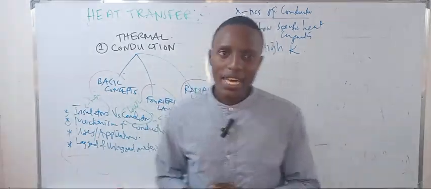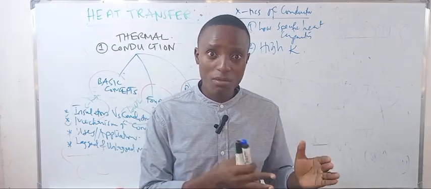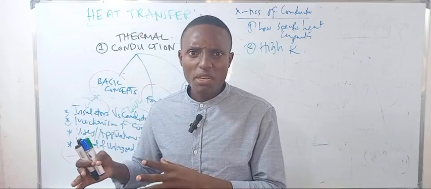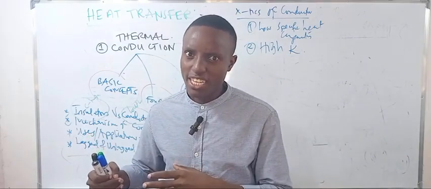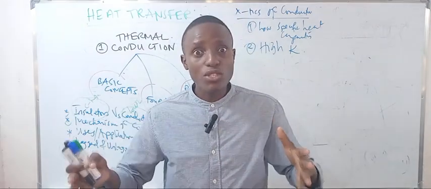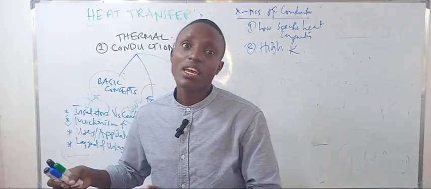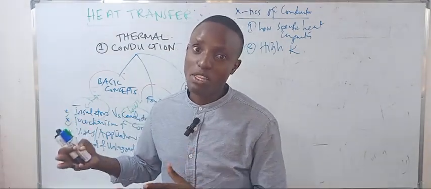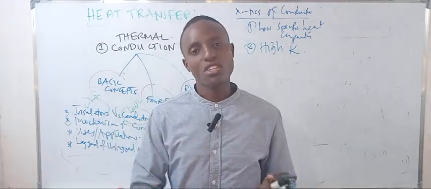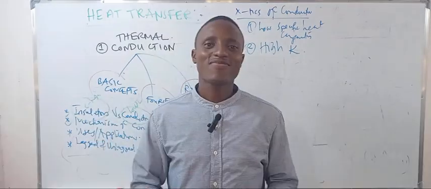So we say, by mechanism, by motion of electrons: electrons at high temperature tend to have high kinetic energy, and then they move toward the lower, cold junction. And since electrons are so much lighter, conduction by the motion of electrons is more efficient than that by vibration of atoms.